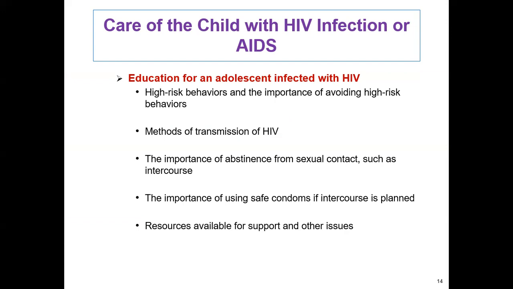Method of transmission of HIV, it is important to know how it is transmitted, and also we have to find out the risk factors, like transmission from an infected person to others, the importance of sex education, or sexual contact such as intercourse, and the importance of using a safety barrier like a condom if intercourse is planned. Also, resources available for support of the other issues.